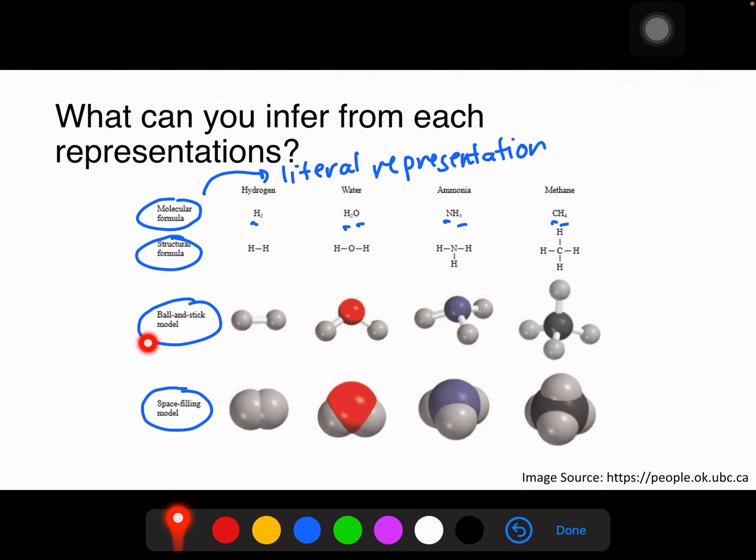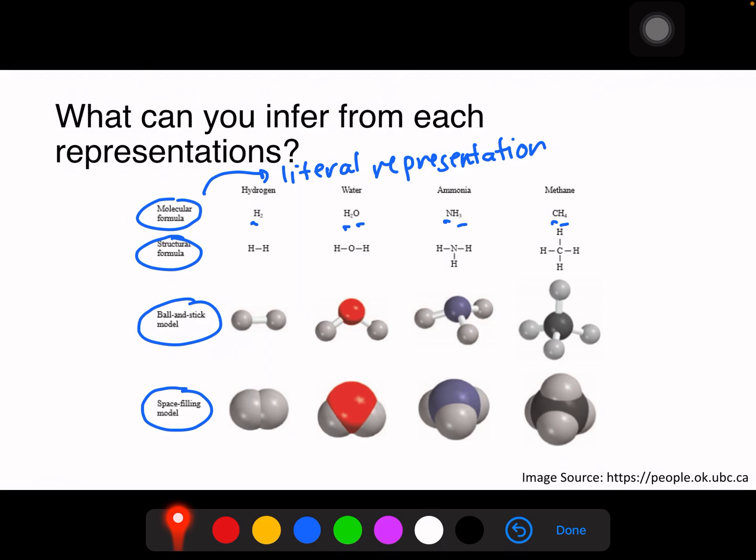So we have here the ball and stick model. So ball and stick model, although it is more difficult to represent a molecule in a ball and stick model compared to structural formula and molecular formula, ball and stick model was able to represent the bonding of the atom, and other than that is the spatial orientation of each atom in a molecule.